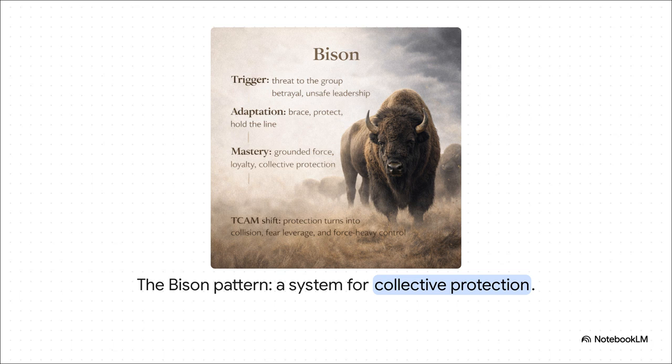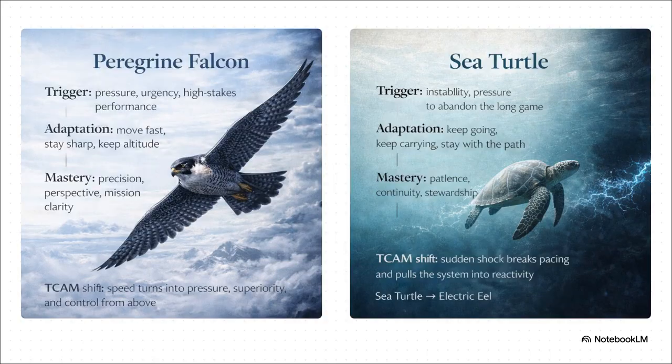But under too much stress, that's the TCAM shift, that same instinct becomes rigid and leads to collision and forceful control. The logic, you can see, is clear and consistent all the way through. And this just shows how versatile this TAM engine is. You can apply the exact same logic to understand completely different styles. Whether it's the falcon's incredible speed or the turtle's steady endurance, that core sequence of trigger, adaptation, mastery, and the TCAM shift, it always holds true.